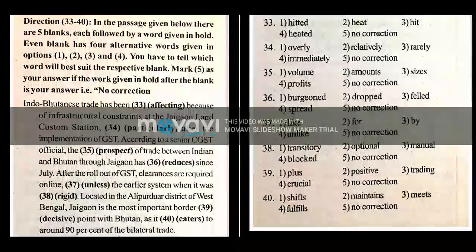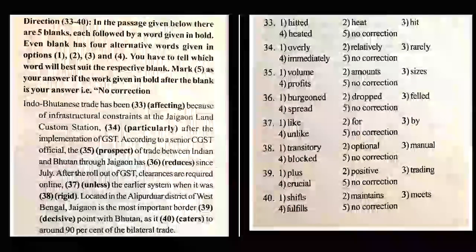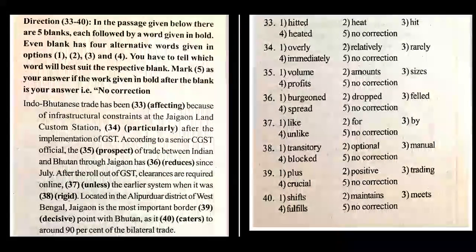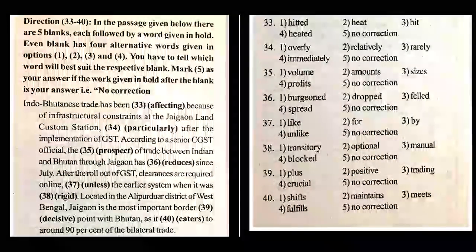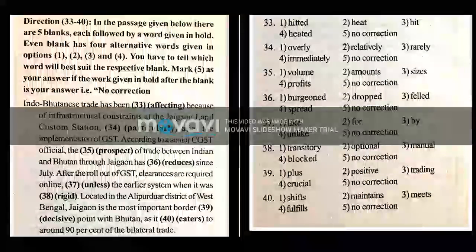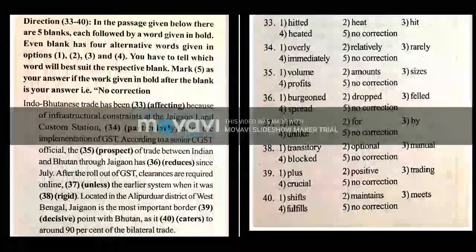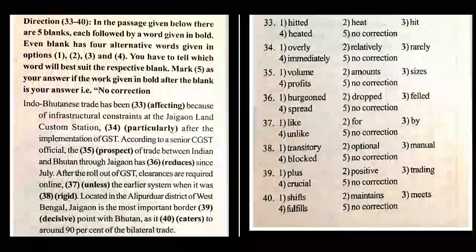that there is another word which is written in the second line, and please focus on that word, that is constraints. It is a negative word, and it is going to provide you the clue for the first blank. I mean, what kind of word will come into the first blank.